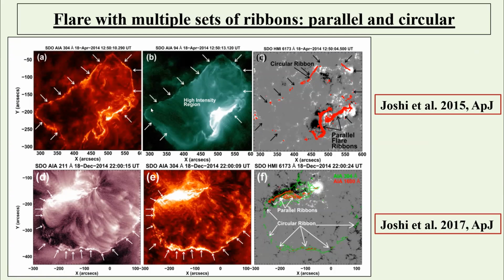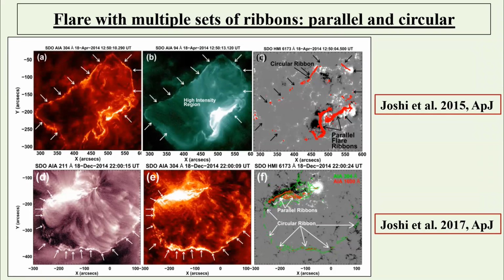So in this picture, you can see we have a large scale circular kind of structure, and also on one side we have parallel flare ribbons. So it means there's a combination of both kinds of flare ribbons.